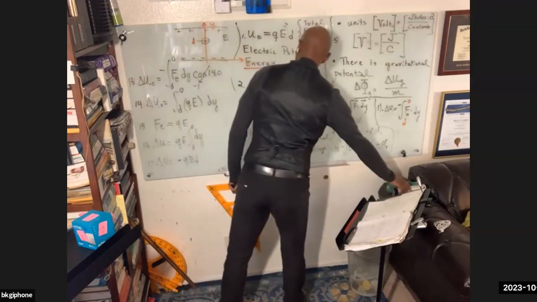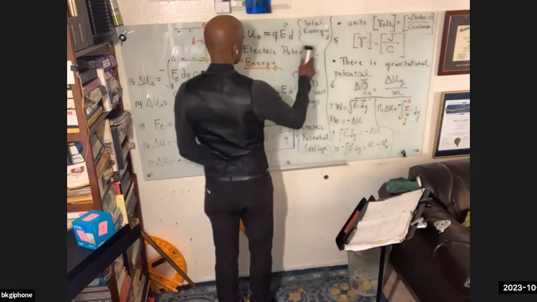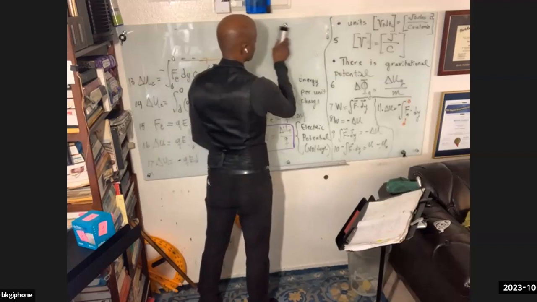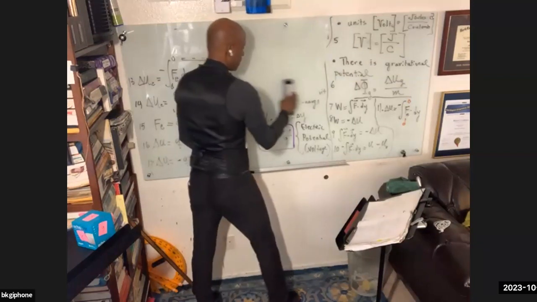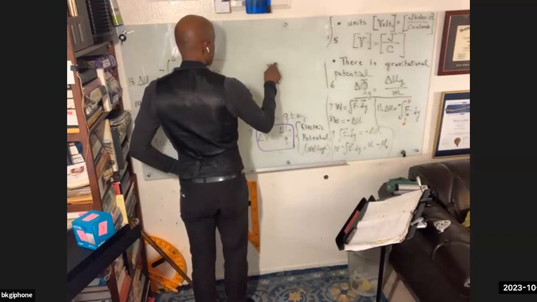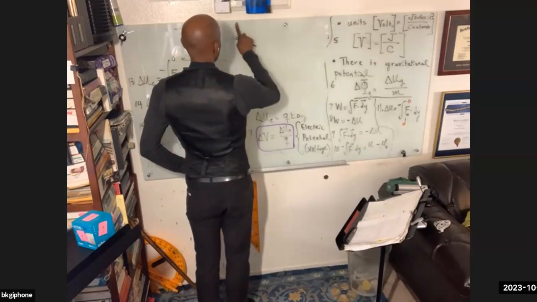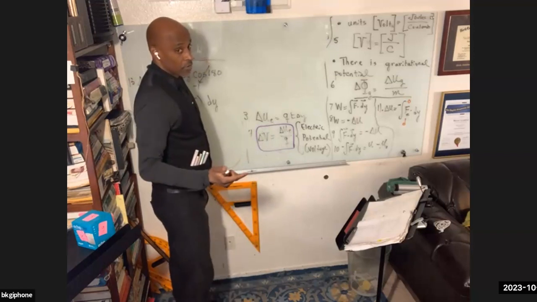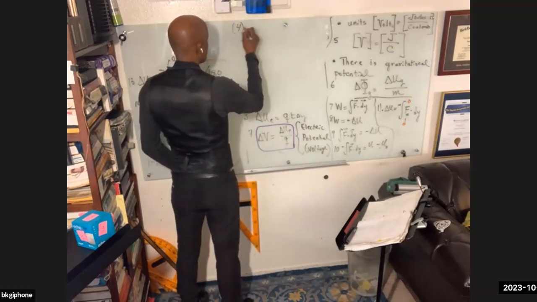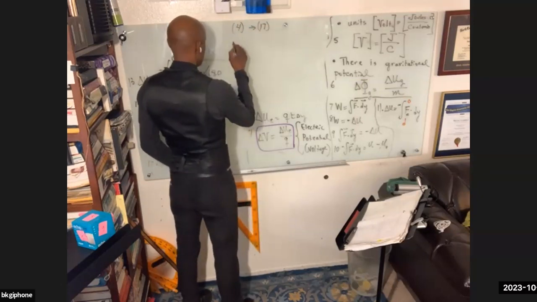So if I plug in 4 into 17, the definition of potential into 17, then I get a very specific and unique relationship between electric potential and the electric field for a constant field. So 4 into 17 gives that, 18.